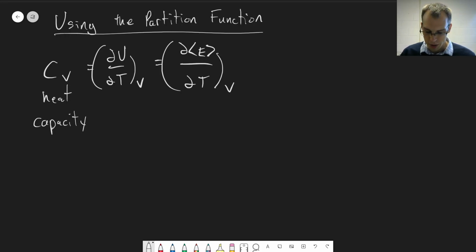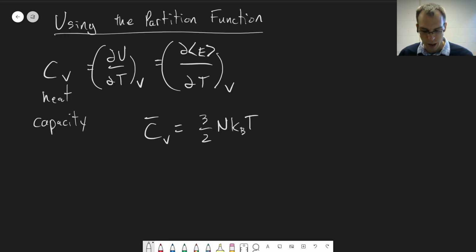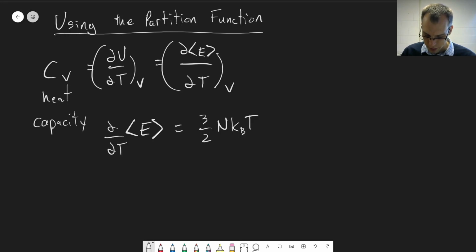And in the previous video, we showed that the average energy is equal to 3/2 N kB T. So if we take the derivative with respect to temperature, we get that CV is equal to 3/2 N kB.